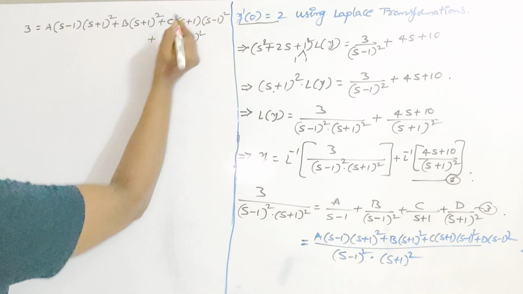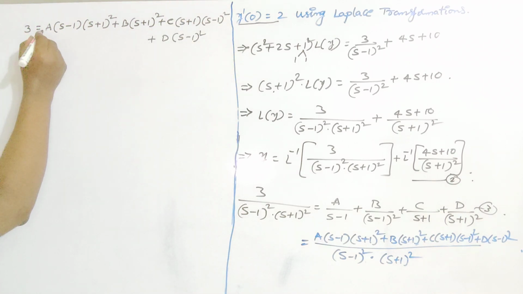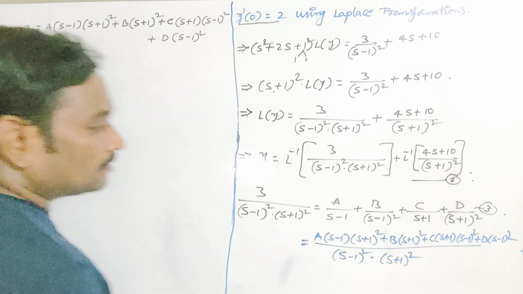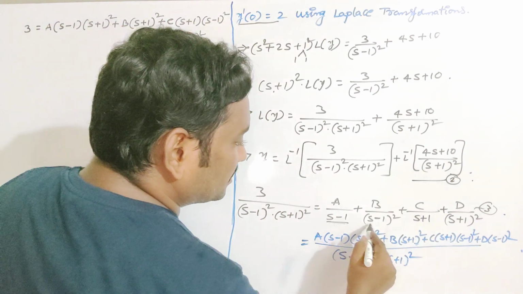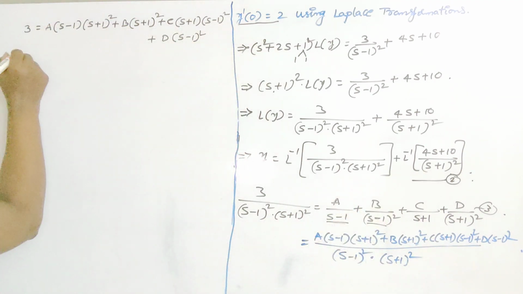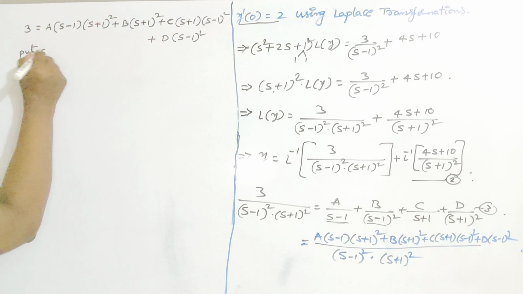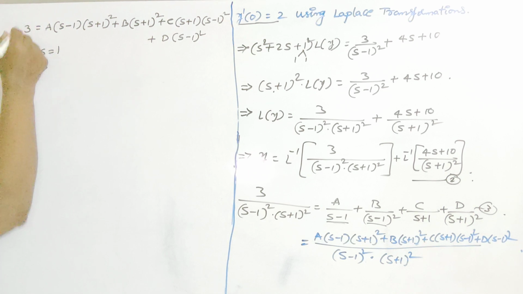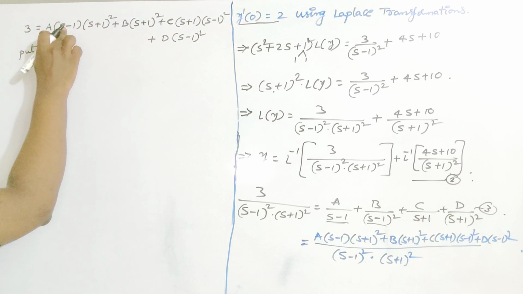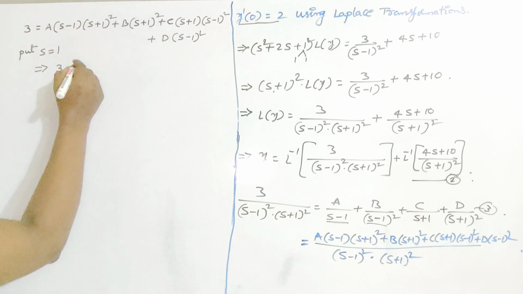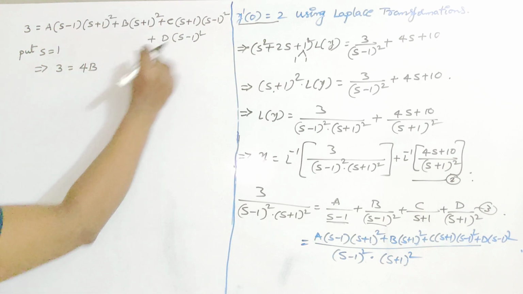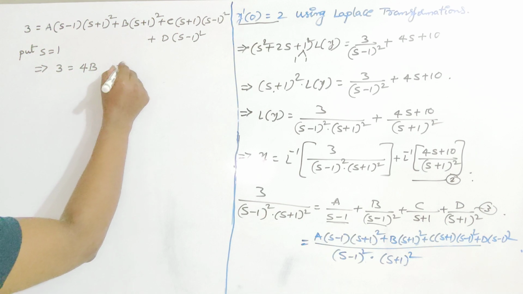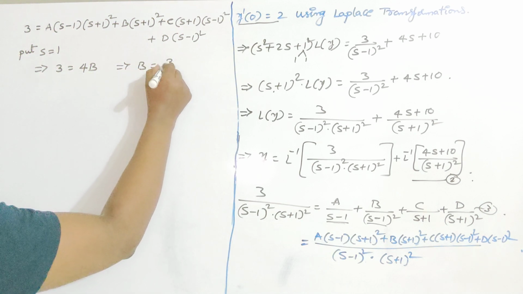Okay. So for the a or b value, look at their denominators. (s minus 1) is the factor. So replace s is equal to 1, you will get the b value. So 3 is equal to 1 minus 1 is 0, 1 plus 1 is 2, 2 square is 4, 4b, and this becomes 0, this becomes 0. So b value is 3 by 4.